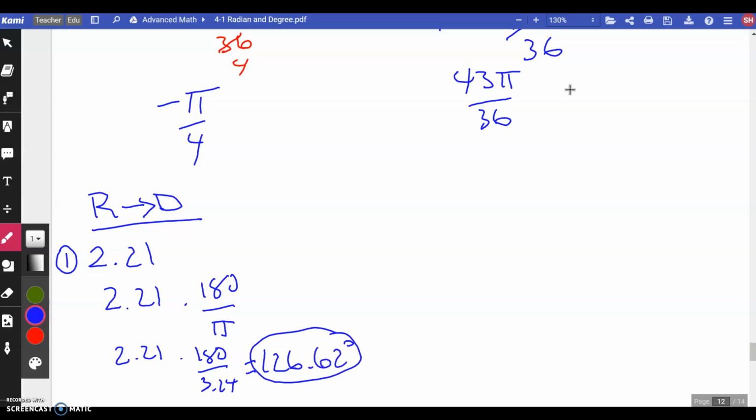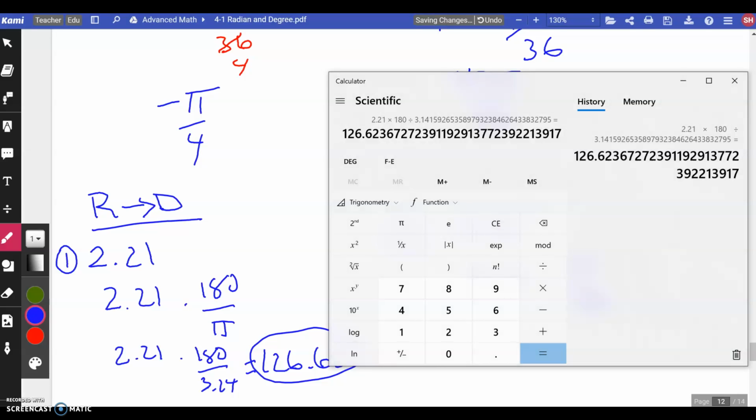Okay, so if the problem states that, and then vice versa, if I give you something as, let's say, 19.81 degrees, and I want it in radians, I'm going to look for an answer that looks like this. So I'm going to take 19.81 times pi over 180. But again, I'm going to use my calculator.